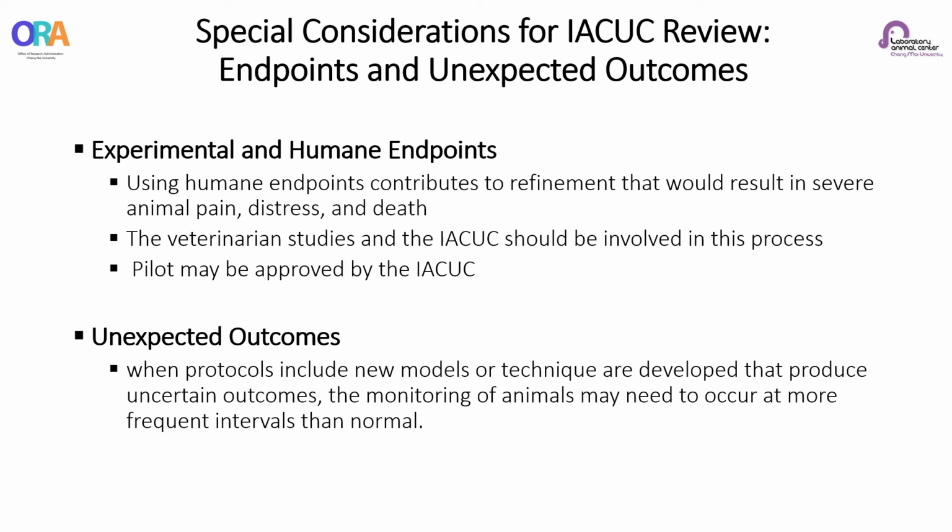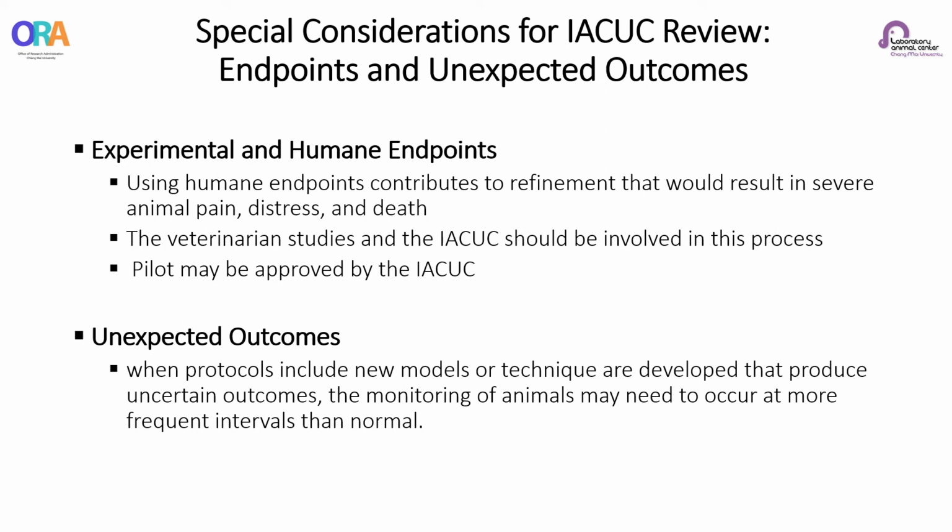The experimental endpoint is when the objective of the study has been met, whereas the humane endpoint is when pain or distress is prevented, terminated, or relieved. For many experiments, the humane and experimental endpoints are very close.